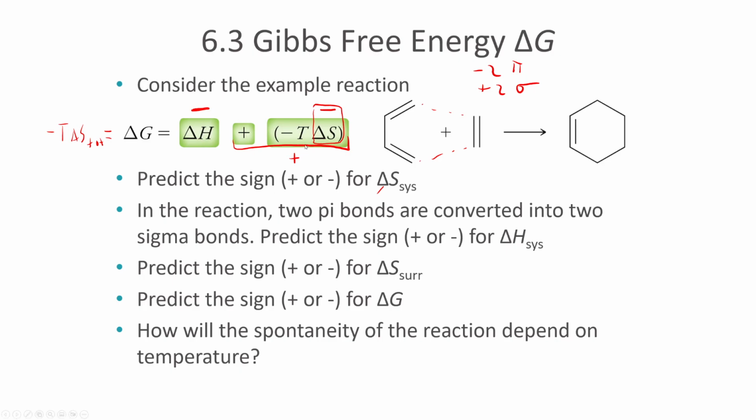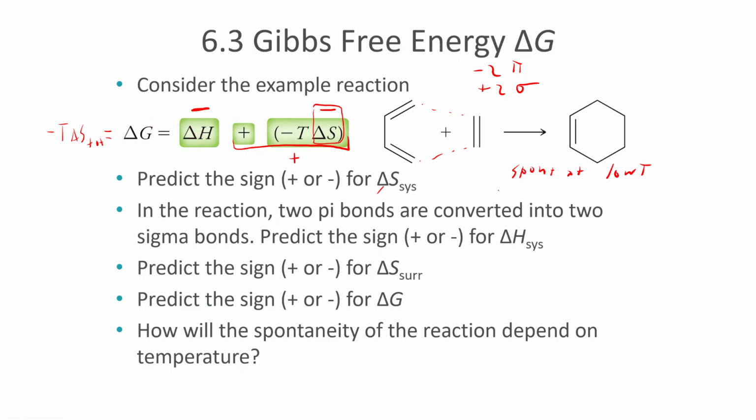If the temperature is low, close to 0, then this term will be very small, and our delta G will be negative due to the negative delta H. So this reaction will be spontaneous at low temperatures because the enthalpy term will dominate, making delta G negative.